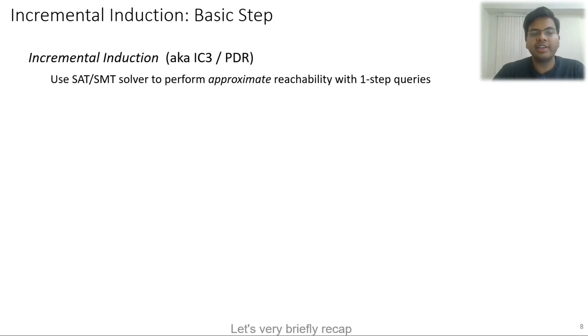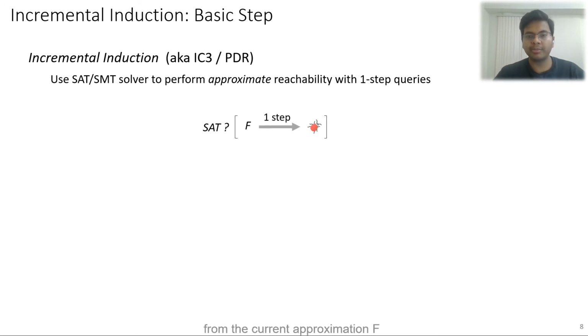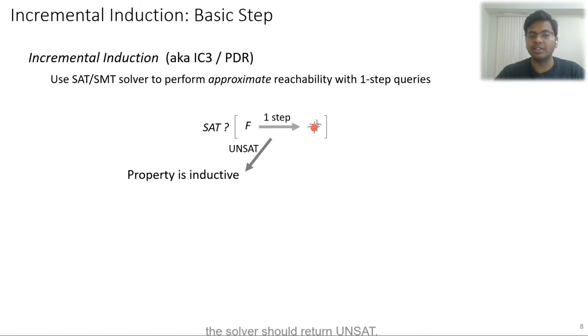Let's very briefly recap incremental induction, which is also referred to as IC3 or PDR. Incremental induction uses a SAT solver in a unique way to perform an approximate reachability analysis with one-step queries. And the basic step involved is, can we go from the current approximation F to a buggy state in one step? If the property is already inductive, the solver should return unsat.